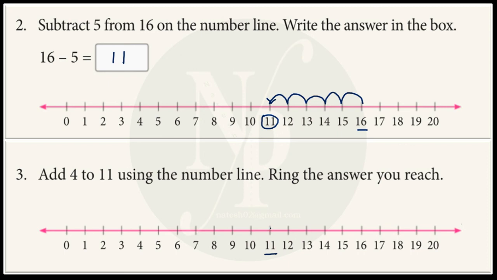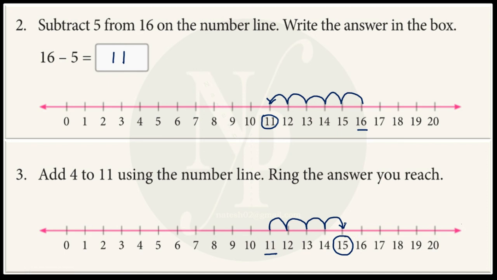Let us mark and count. 1, 2, 3, 4. So we have made 4 jumps towards right. And which number did we reach? Yes, we have reached the number 15. Let us ring this answer. 15 is the answer in this case.